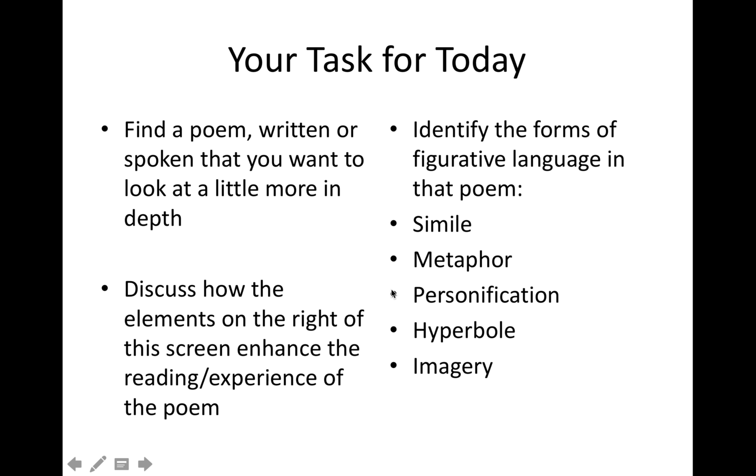So what you'll do when you get to your assignment is you'll tell me the name of the poem, the author of the poem. You're going to copy and paste the poem into your assignment, and then you're going to be highlighting in that copied and pasted version the examples of simile, metaphor, personification, hyperbole, or imagery that you find.